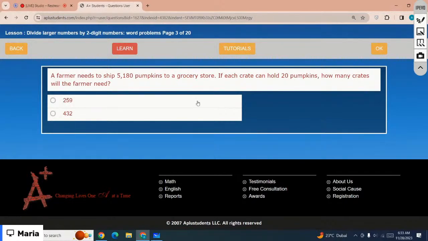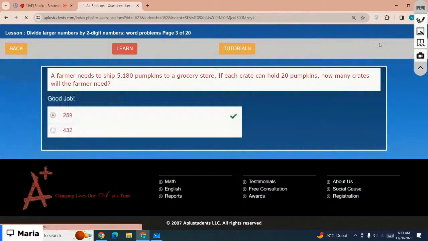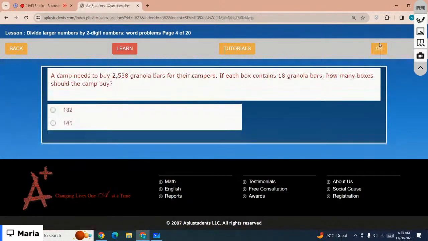The correct option is 259. 259 it is, not 432. No, it isn't 432, it's the other option.